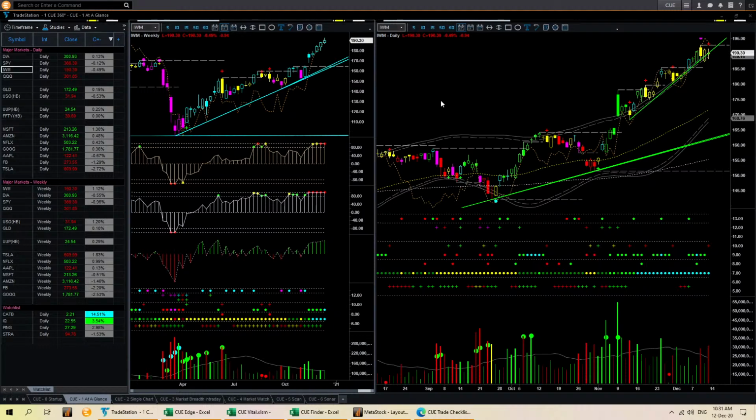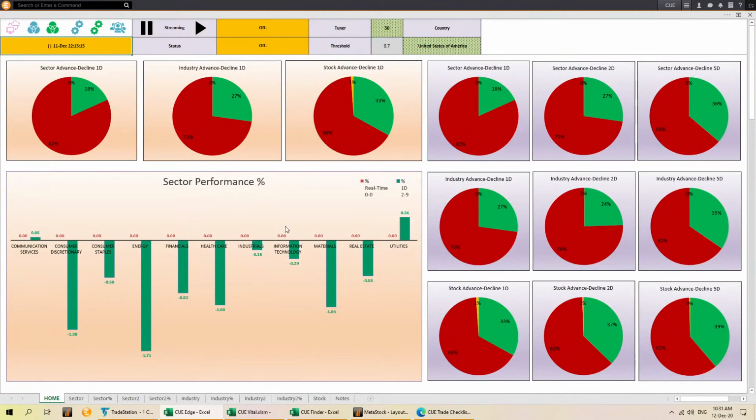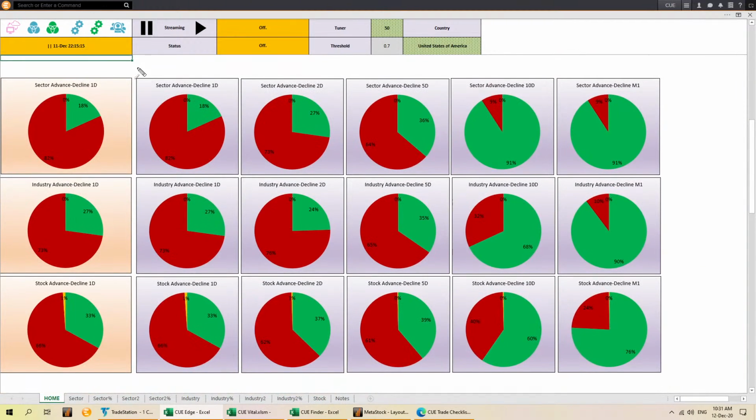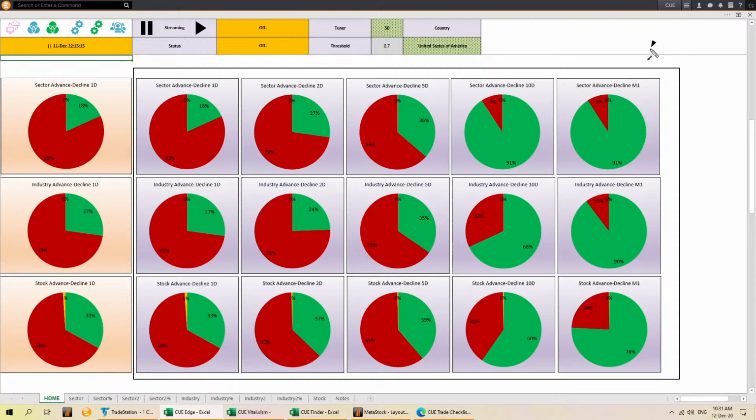However, not everything is so rosy if we look under the hood. And we may look under the hood using the Q Edge advanced decline breadth for the sectors to stocks from 1 month period to 1 day period.